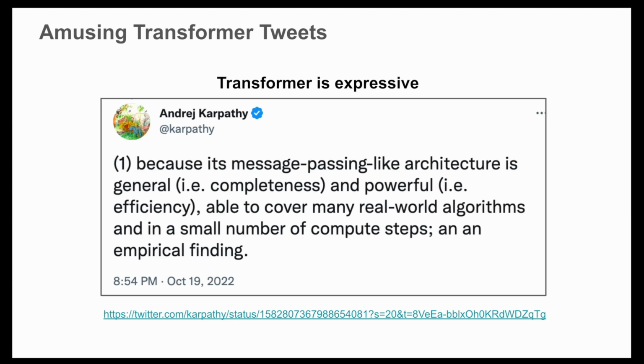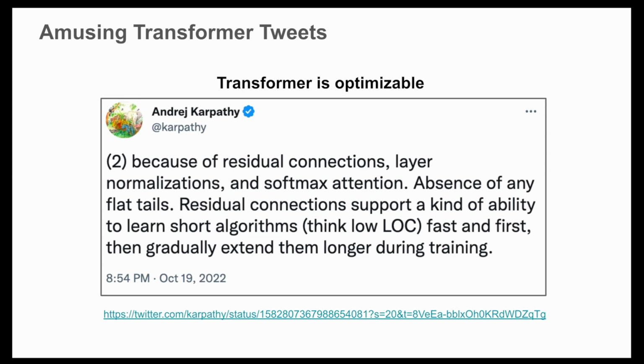Transformer is expressive because its message passing like architecture is general. It is complex and powerful, and it is able to cover many real-world algorithms in a small number of compute steps. Two, transformer is optimizable because of residual connection, as we saw, because of layer normalization, and because of softmax attention.